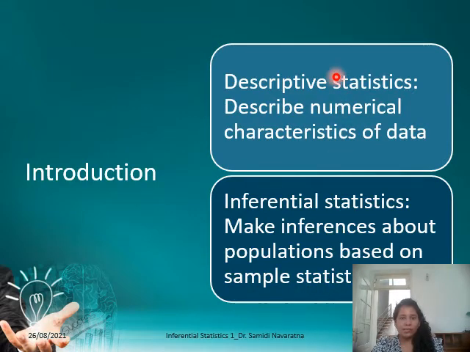So as you all know, with inferential statistics, it's important to use random and unbiased sampling methods for you to generalize your findings to the larger population. Then only you can make valid statistical inferences.